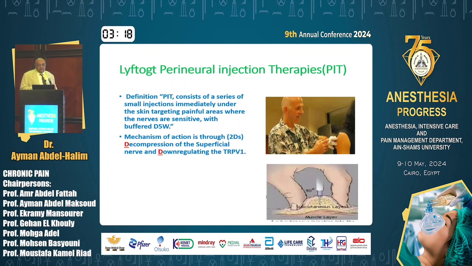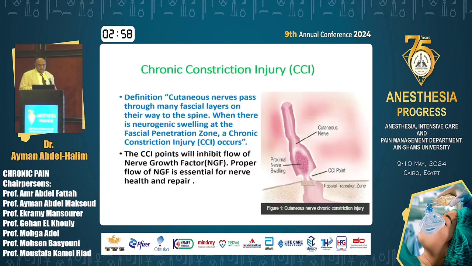Lyftogt, this is how they pronounce his name. This guy is from New Zealand, and he developed a beautiful technique where he can inject the nerves by a very simple method, putting dextrose 5% in the painful areas around the joint.